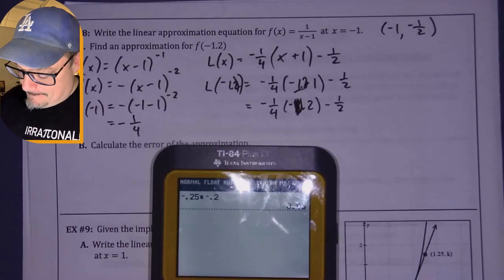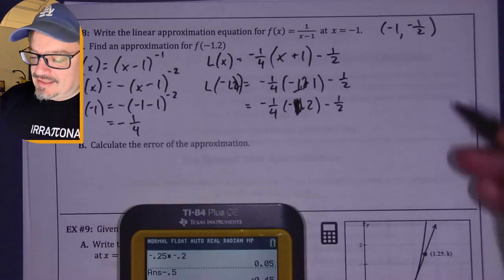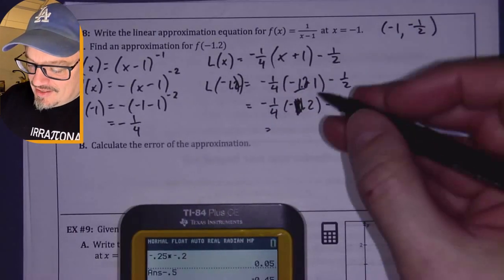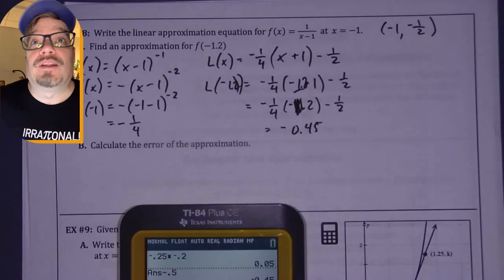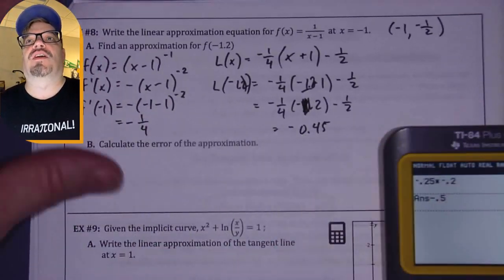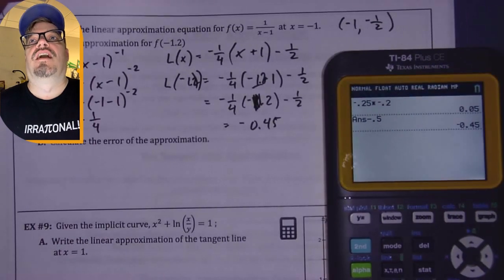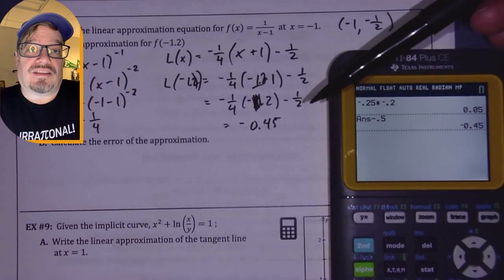Enter. Minus 0.5. There. Okay. So it equals negative 0.45. Holy smokes. You guys can't even see my calculator and the struggles that I was just doing. Okay, all right, let's keep this there. Anyways, I did a lot of dumb stuff on my calculator. That took way too long.